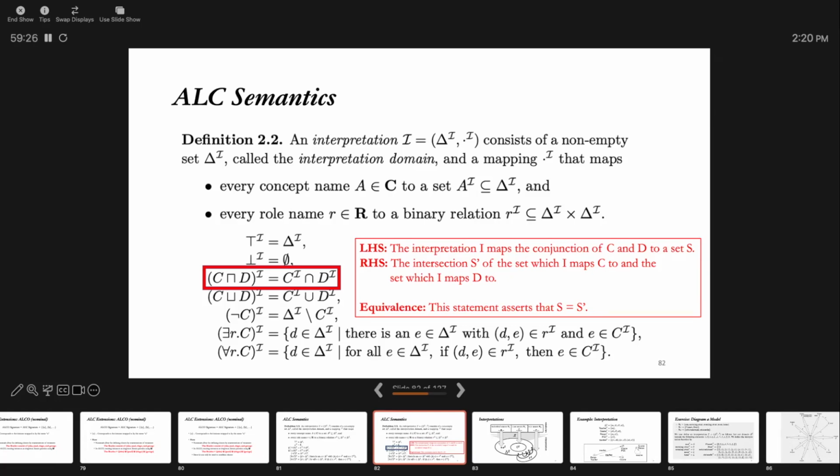So the interpretation moves out, moves in. And you'd read it like this, left-hand side, from the left to the right: the interpretation I maps the conjunction of C and D to a set, S. Right-hand side, right to left: the intersection S prime of the set which I maps C to and the set which I maps D to. That's what this side of the equation is. And what this equivalency is saying is that the statement asserts that S is equal to S prime.